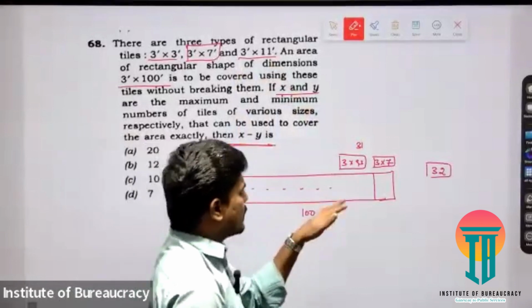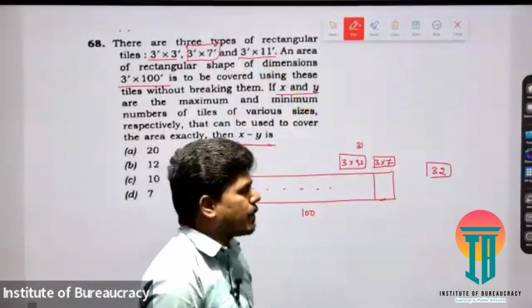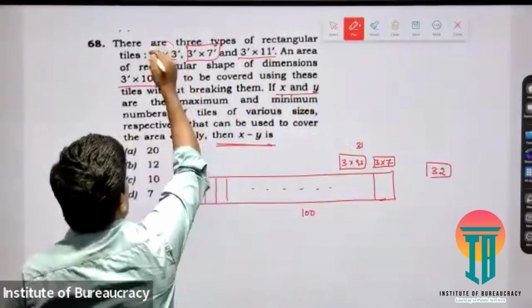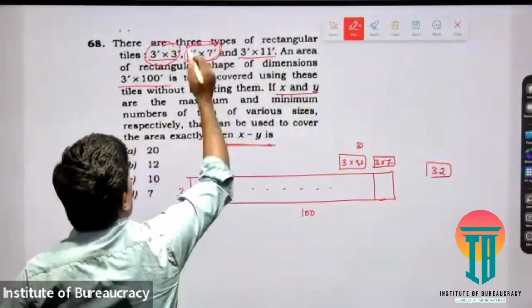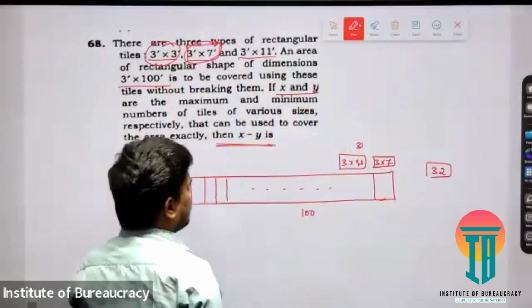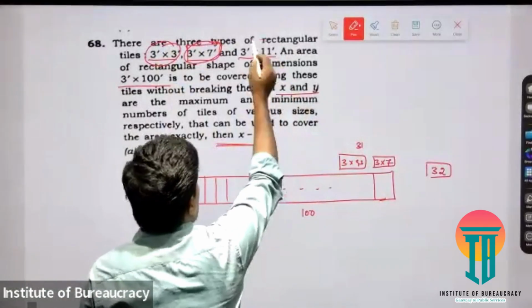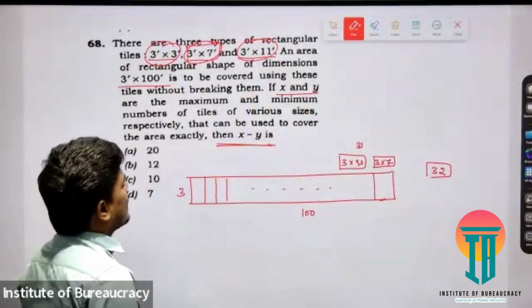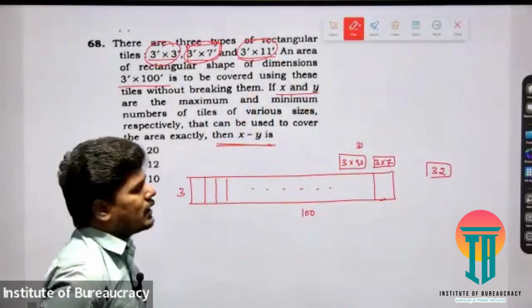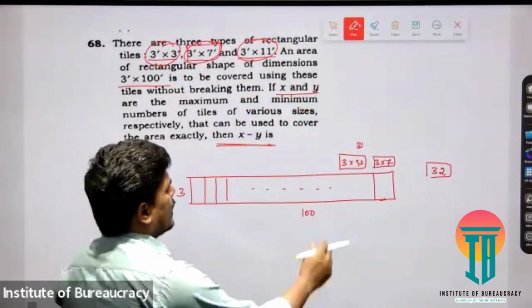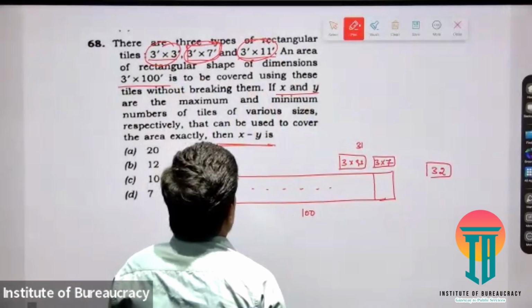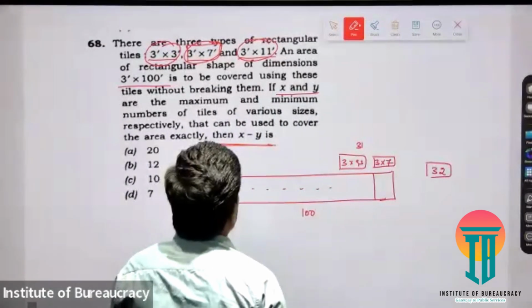So first I found the maximum: 32 tiles, 31 of this type and one of this type. Now for the minimum number, how many times can I use this? I can use 9 times, so 99 would come, but again, the remaining one small part, that dimension is not there. So what I can do is go with 8 times.